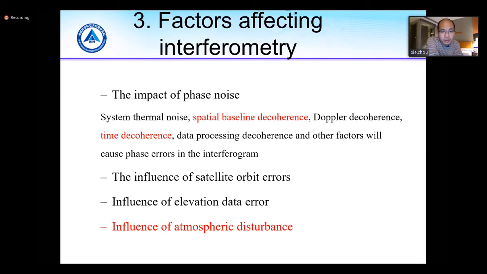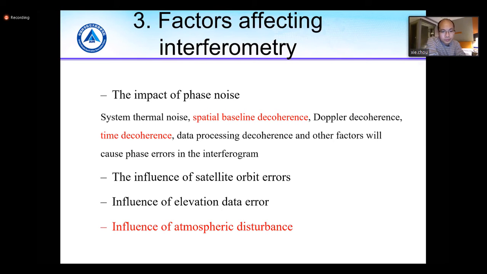First is the phase noise. It includes the system thermal noise, spatial baseline decorrelation, Doppler decorrelation, temporal decorrelation, data precision decorrelation, and artifacts that would cause phase error in the interferogram generation. And the second one is the influence of satellite orbit error.